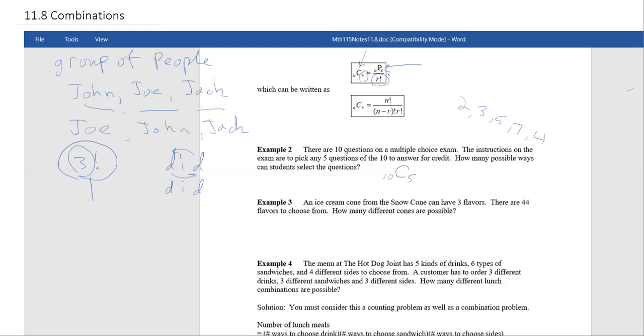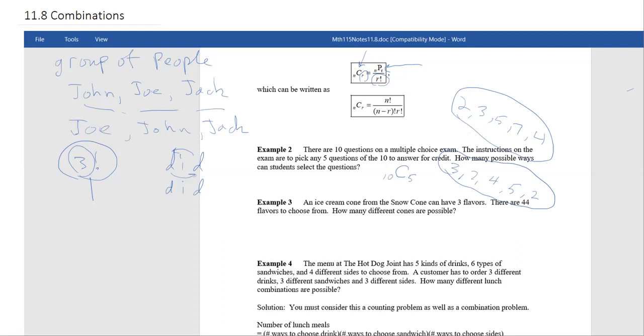And somebody else might say, well, I'm going to select question number 3, 7, 4, and then do my 5, and then do a 2. Those would be the same questions. So the order in which you list those questions doesn't matter. The order isn't important. The fact is that they're there. Same questions.